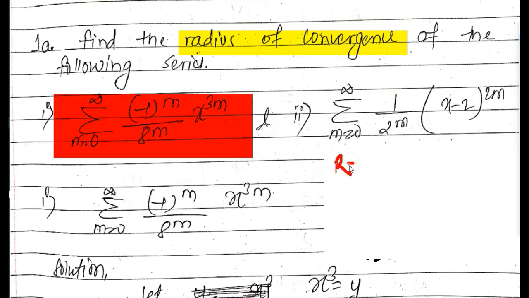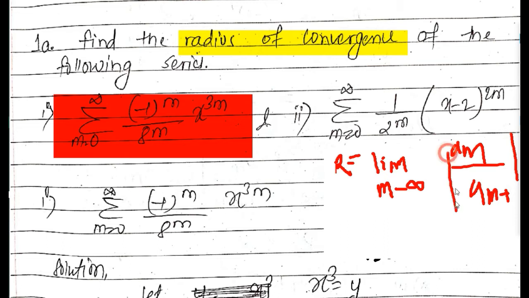The radius of convergence r equals the limit as m tends to infinity of a_m divided by a_(m+1). This is the radius of convergence.